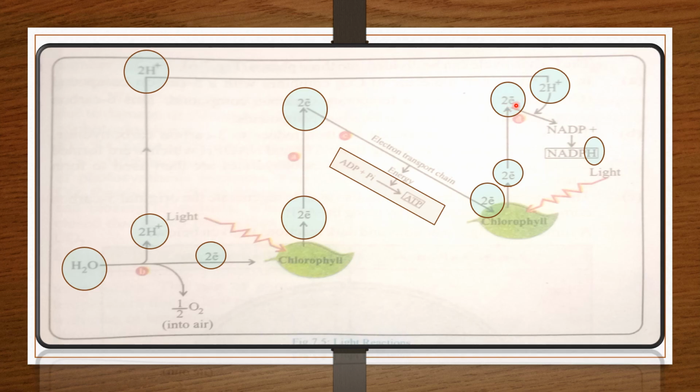This electron and these two hydrogens combine with NADP to form NADPH2, and this hydrogen is from the H2O. So this is the whole light reaction.